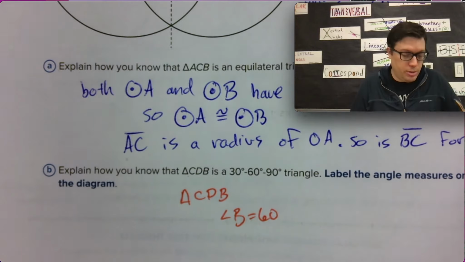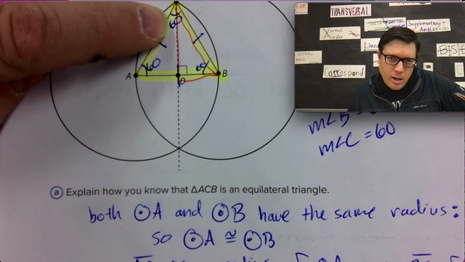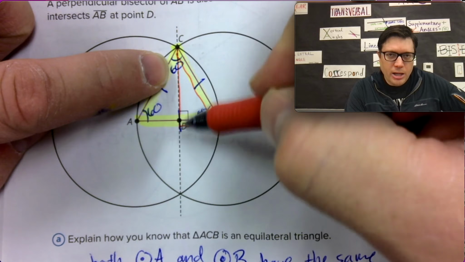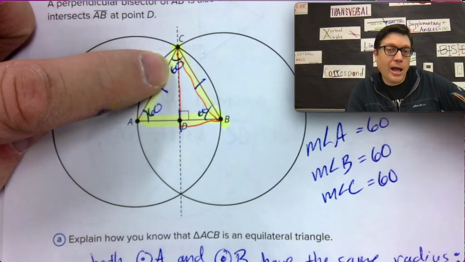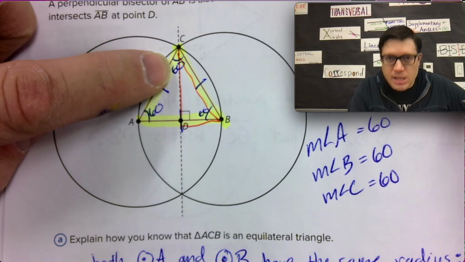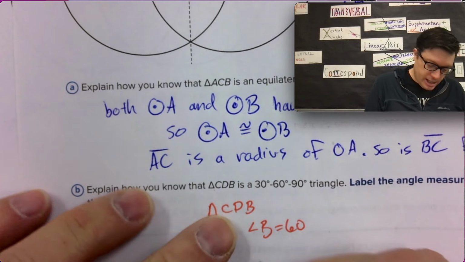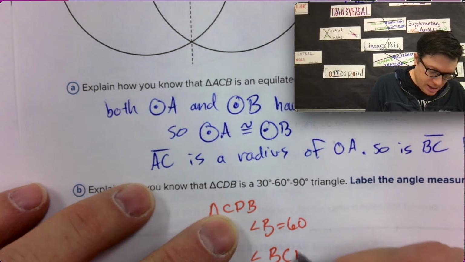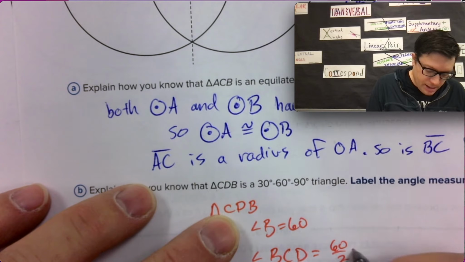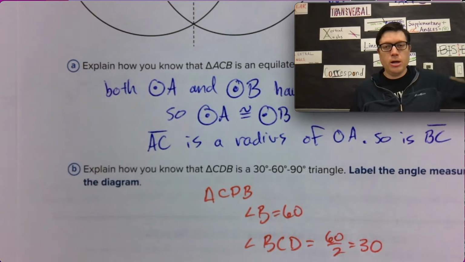It's what we found. But up here, this line cuts angle C in half, and half of 60 is 30. So I'm going to say angle BCD is 60 divided by 2, and that would be 30.